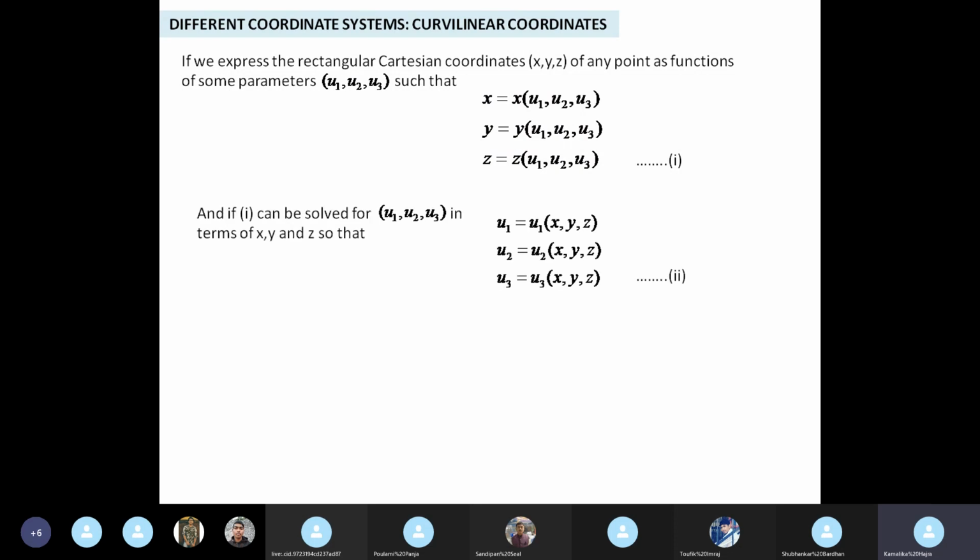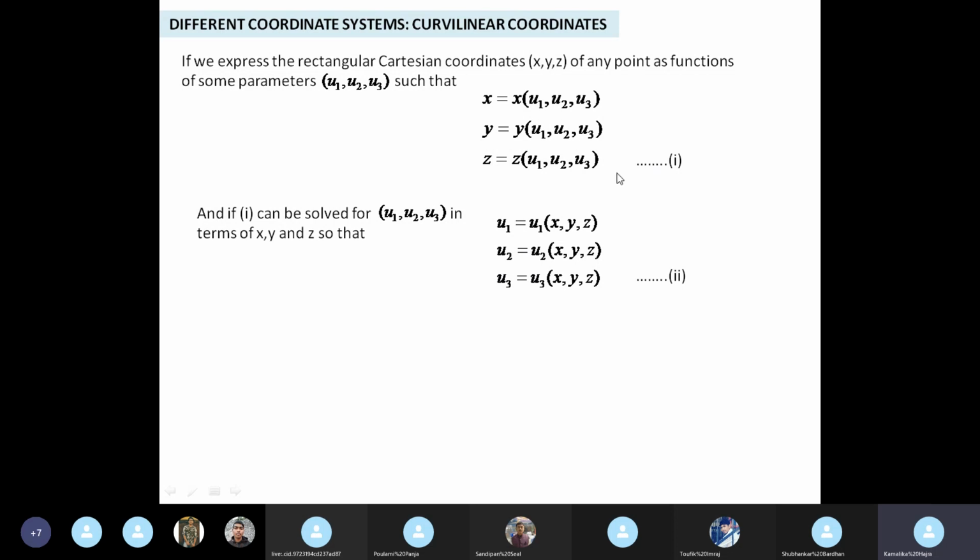Now, if the circumstances are such that this set of equations 1 can be solved, you can see there are 3 equations and there are 3 unknowns u1, u2, u3.